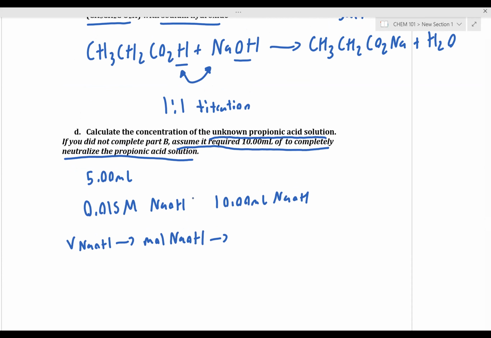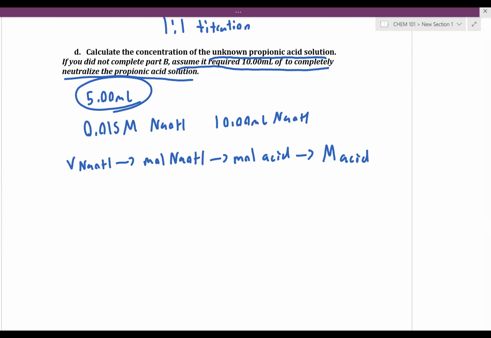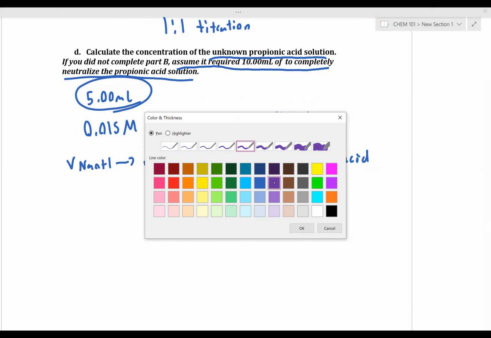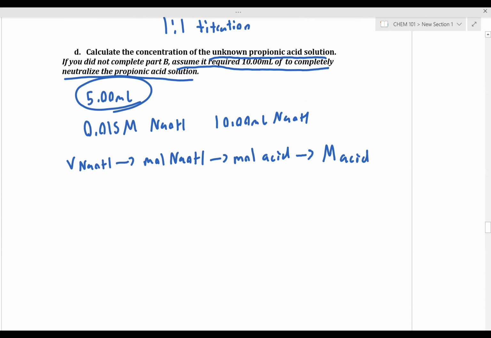Yes, in this case, what's our ratio? 1 to 1. So you can go from moles of NaOH to moles of acid. And then given the volume of acid, we can go from moles of acid to the molarity of acid. Does that make sense? Okay, so now that we have our problem-solving scheme in place, let's execute on that scheme. So we have 10.00 milliliters of NaOH.